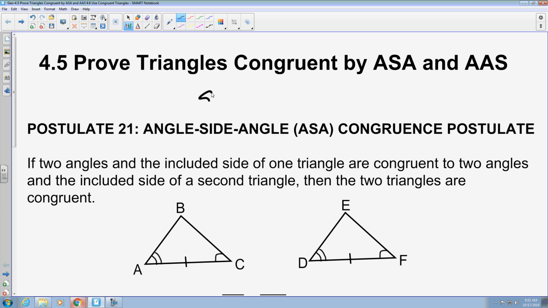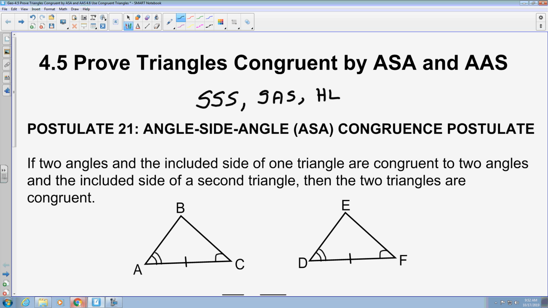We looked at side, side, side. We could use side, angle, side. We could also use hypotenuse, leg as a way of discovering if triangles were congruent.